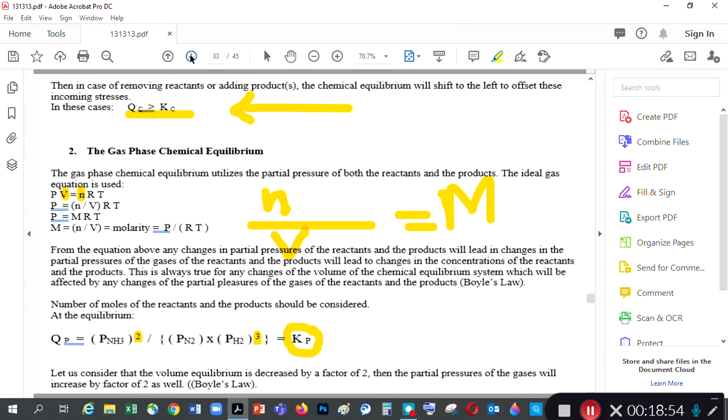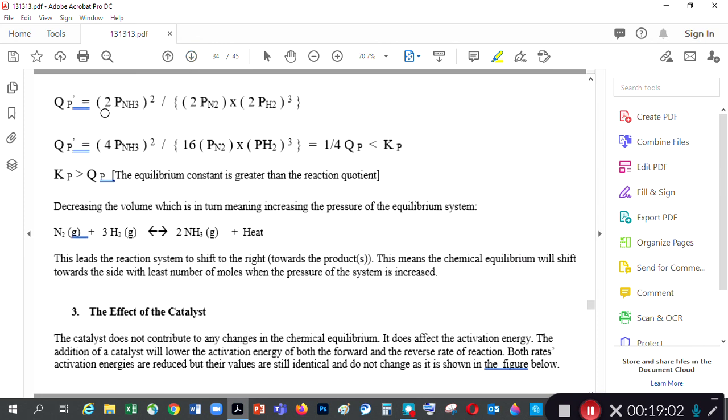Now, if we increase the partial pressure of the reactants and the product by a factor of 2, each reactant and product by a factor of 2, then the numerator gives 2 squared, which is 4, and the denominator has the cube, which is 8, multiplied by 2, that's 16.